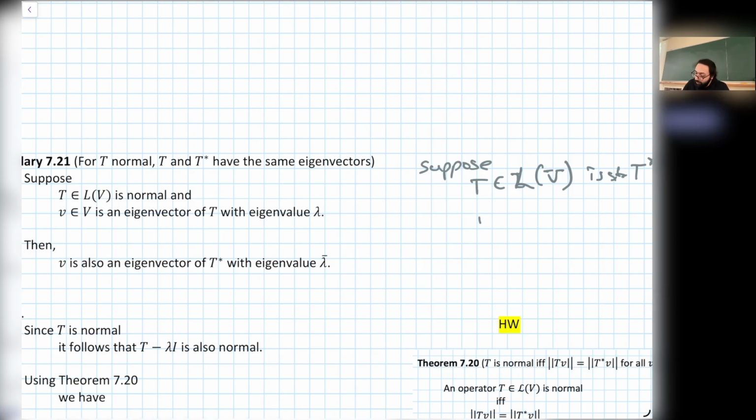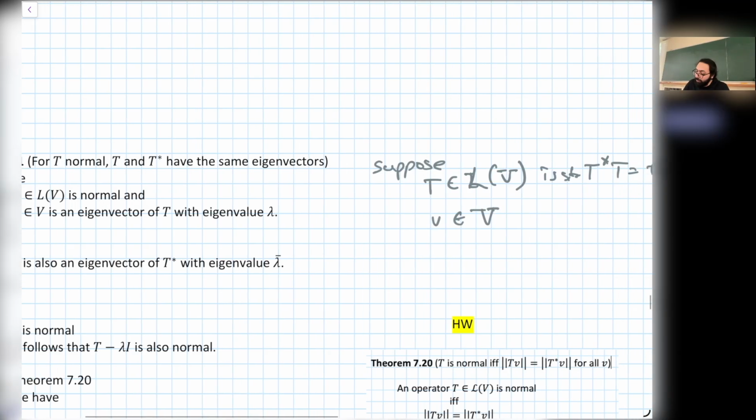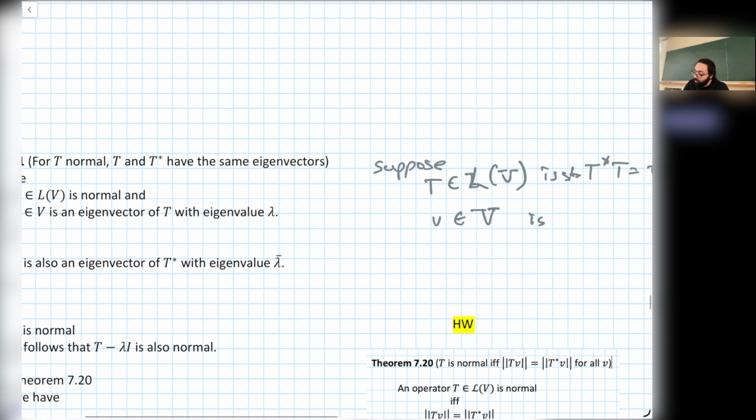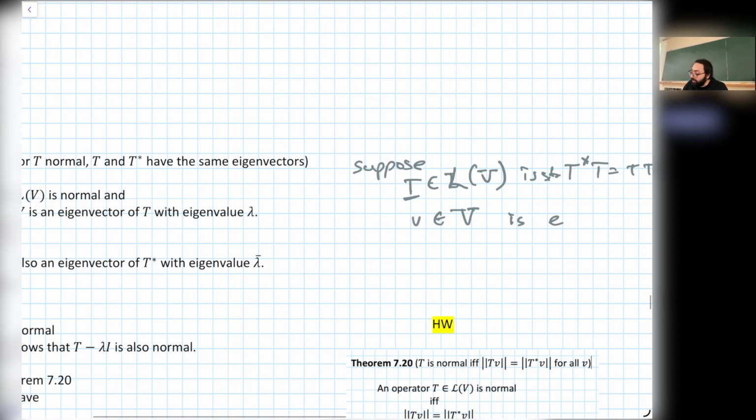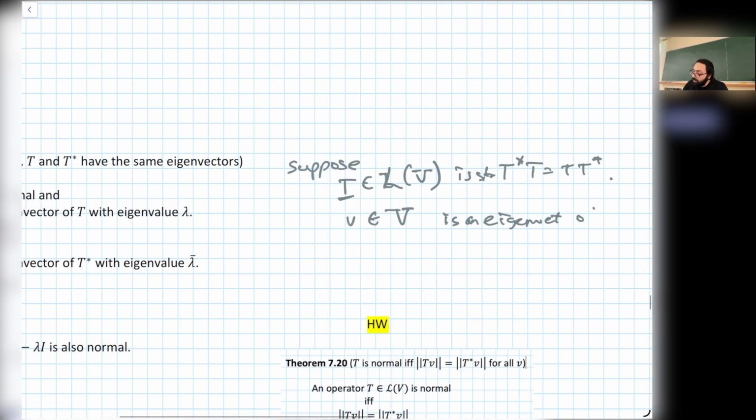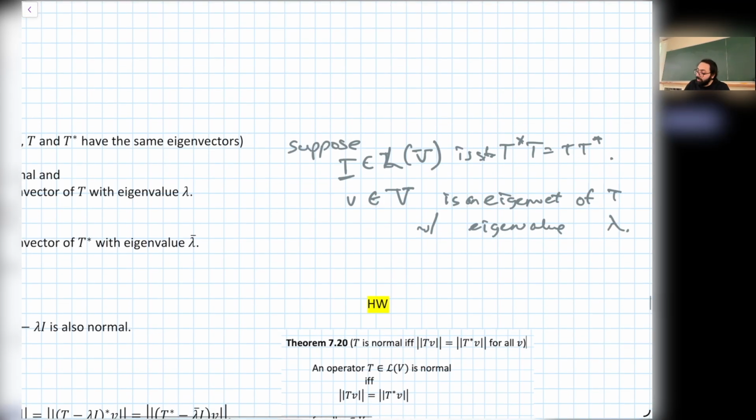It's bad. Okay, so suppose you have some normal operator T, and V is an eigenvector of T with eigenvalue lambda. So T V is lambda V. This you're given, for example.